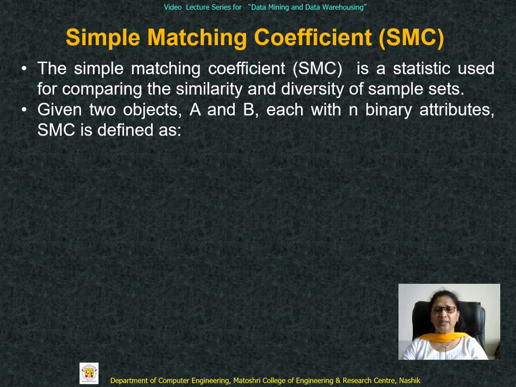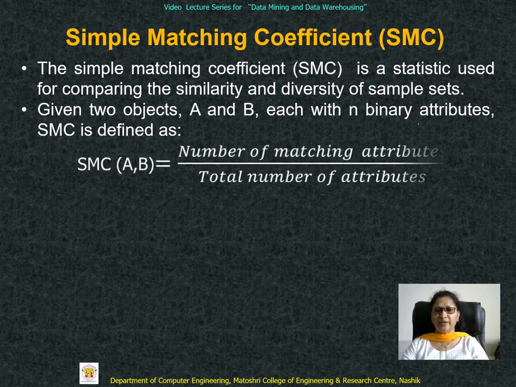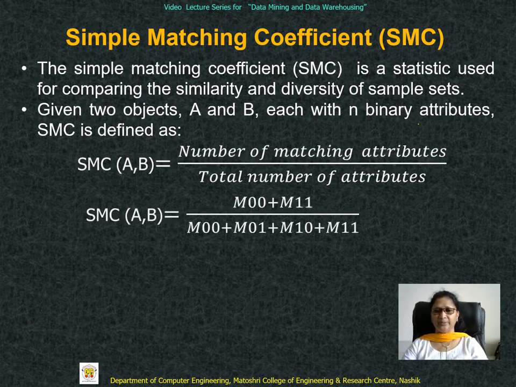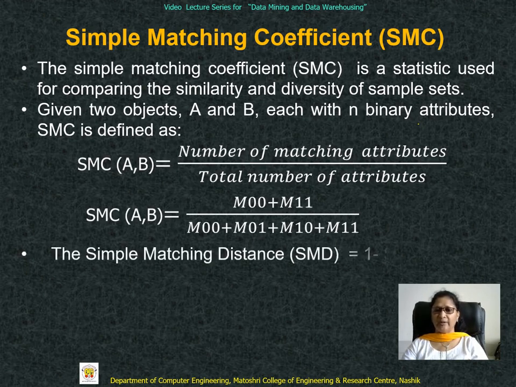Let us consider 2 objects A and B with n binary attributes. Then SMC for A and B is defined as the ratio of number of matching attributes to total number of attributes. And this is computed in terms of sum of M00 and M11 divided by sum of M00, M01, M10 and M11.